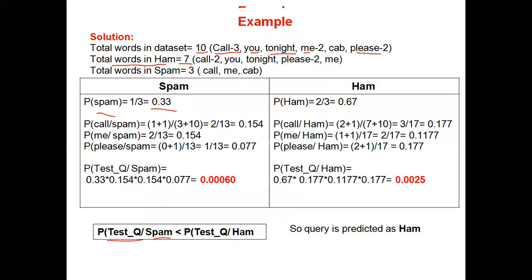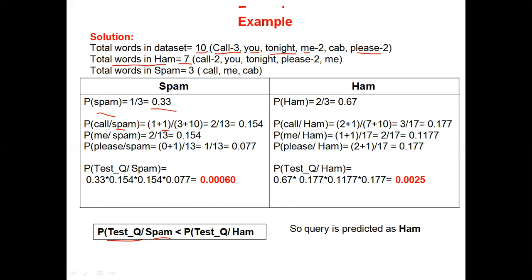So for call, the probability of call for the spam is 1 divided by 3. Actually, instead of 1 in the numerator, we are considering 1 more, that is 1 plus 1, to avoid the divide by 0 error. Some of the words can have a 0 count.